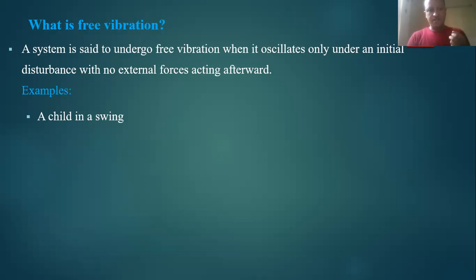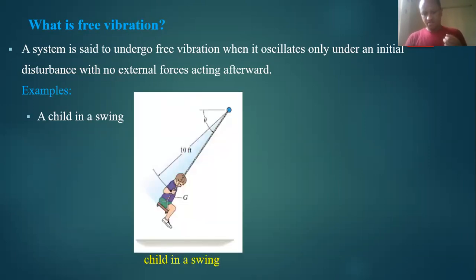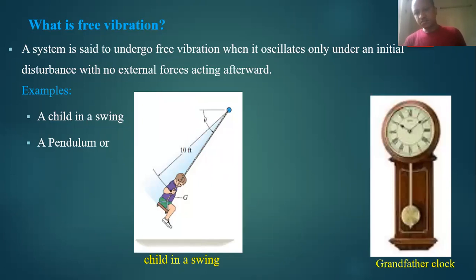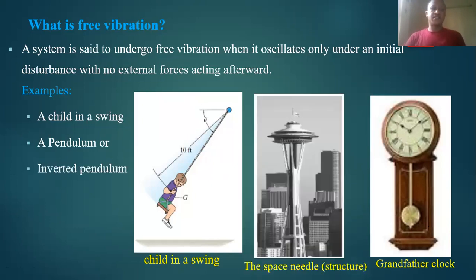So this kind of motion is considered. This is the best example: a child in a swing. Another one, the grandfather clock. Here there is a pendulum which can oscillate like this. Another, the oscillation of an inverted pendulum.